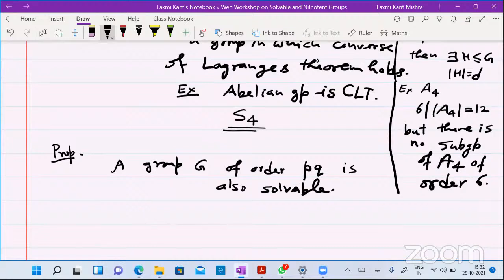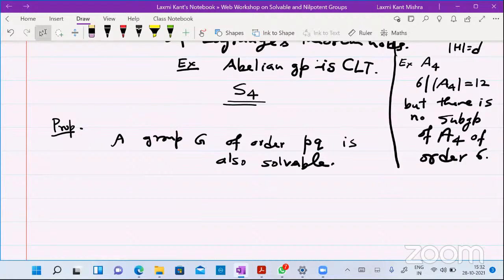You can also see its proof. It is also very obvious. So this one is another result, and I will tell some more results, but before that, one more thing which is very much important.